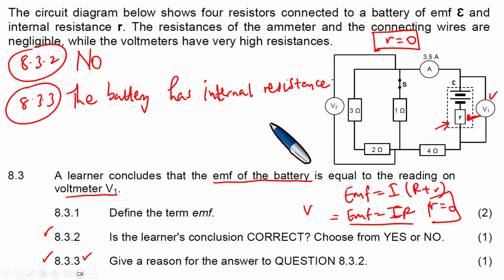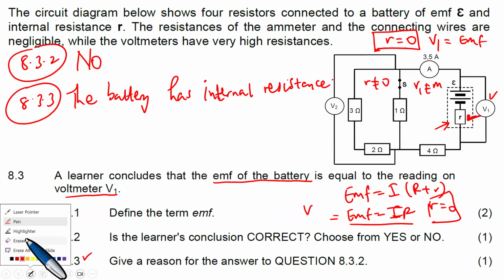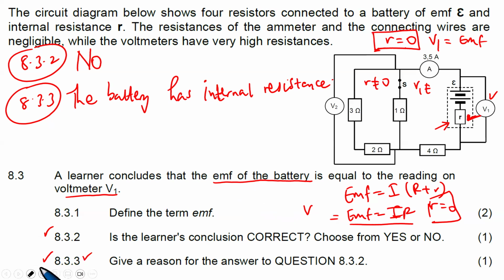If r is zero, you can be rest assured that V1 is EMF. But if r is not zero, then V1 is not EMF, because the EMF is bigger.